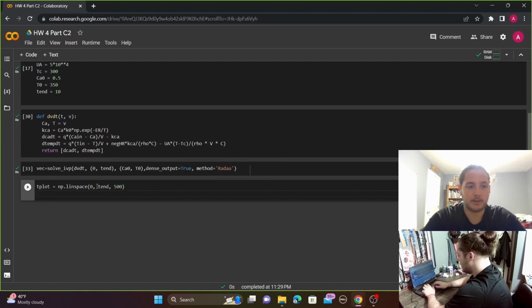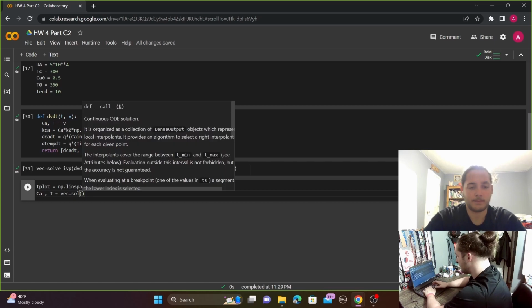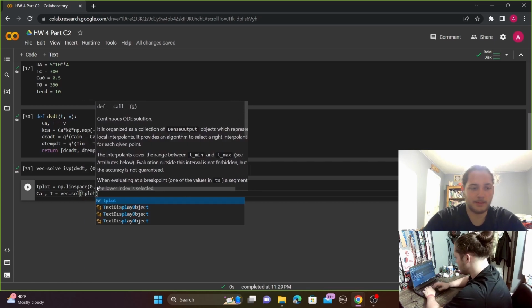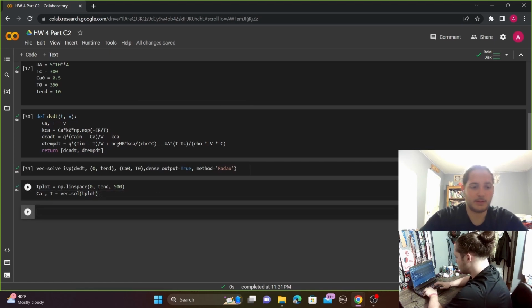So next we are going to go CA, our concentration, T is equal to vec.sol, and we are using our tplot so we can put our values into our graph. Shift enter.